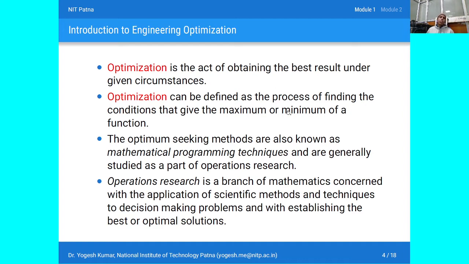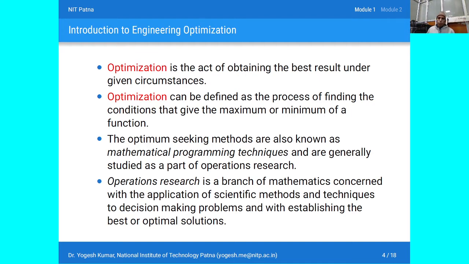These best results may be minimization or maximization of certain things. For example, in forming processes, we may like to minimize material wastage and maximize profit. We may like to maximize production, but at the same time minimize production time.